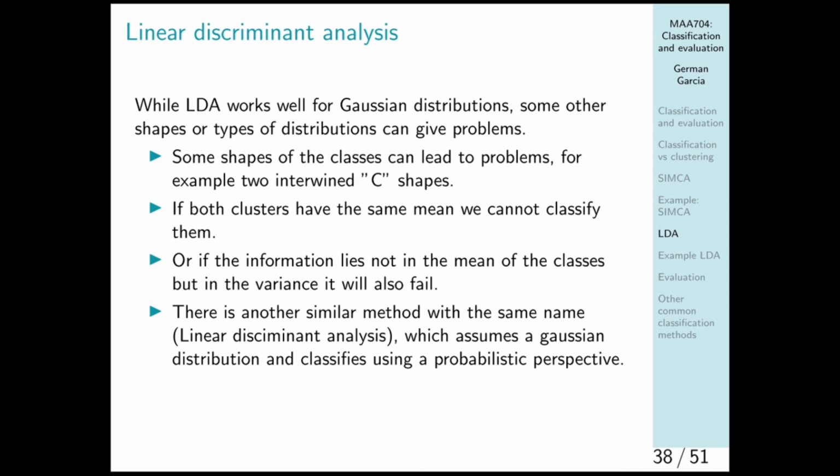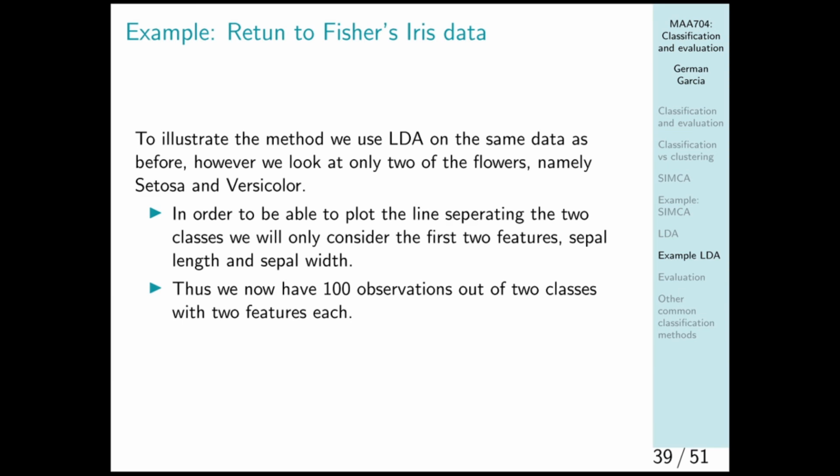There's a ton of hypotheses that we use but don't mention. Happens all the time. Now, there is another similar method which shares the same name, also linear discriminant analysis, in which we assume a Gaussian distribution and we use a probabilistic perspective for classification.